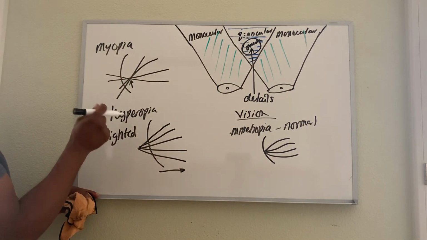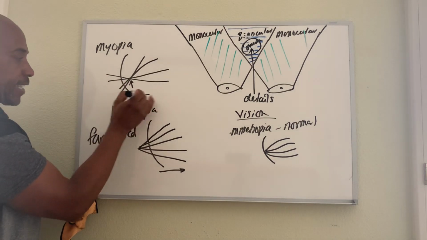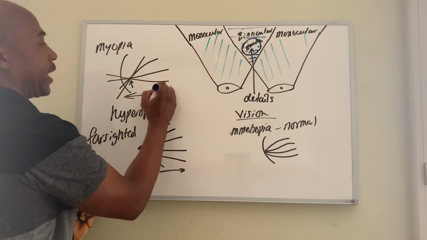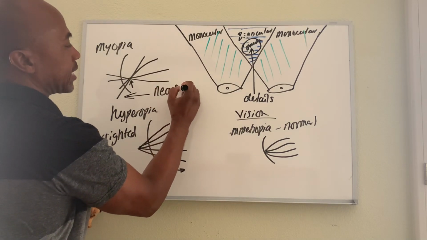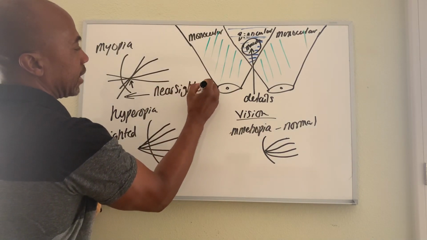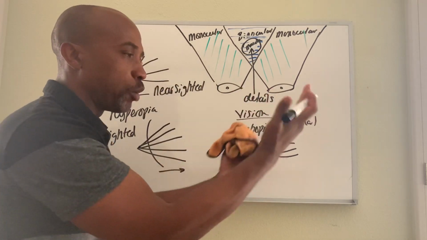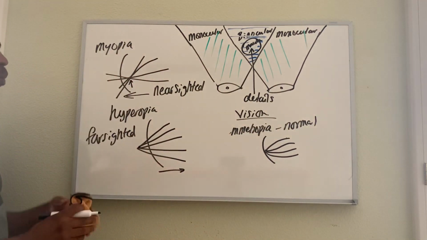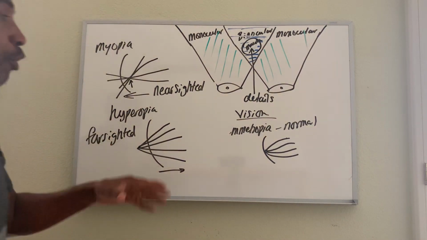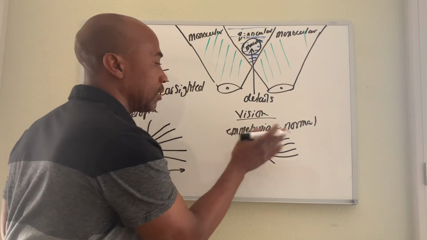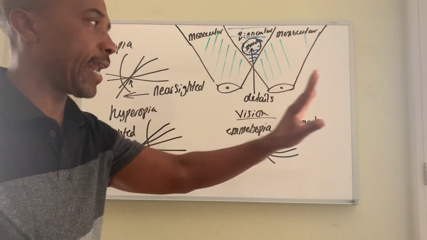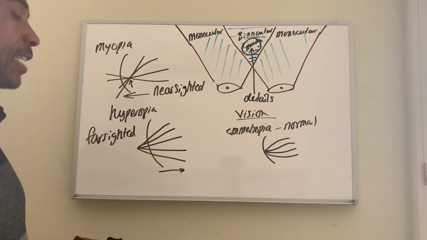So in order for you to read this properly, you have to move the image back this way, back onto your retina, so you can see it. So this is also called being nearsighted. You have to read close to your face because the image must be pushed back onto the retina. Otherwise, it's too spread out once it hits it there. So please know these three forms of vision: emmetropia, normal vision; hyperopia, being farsighted; myopia means being nearsighted.